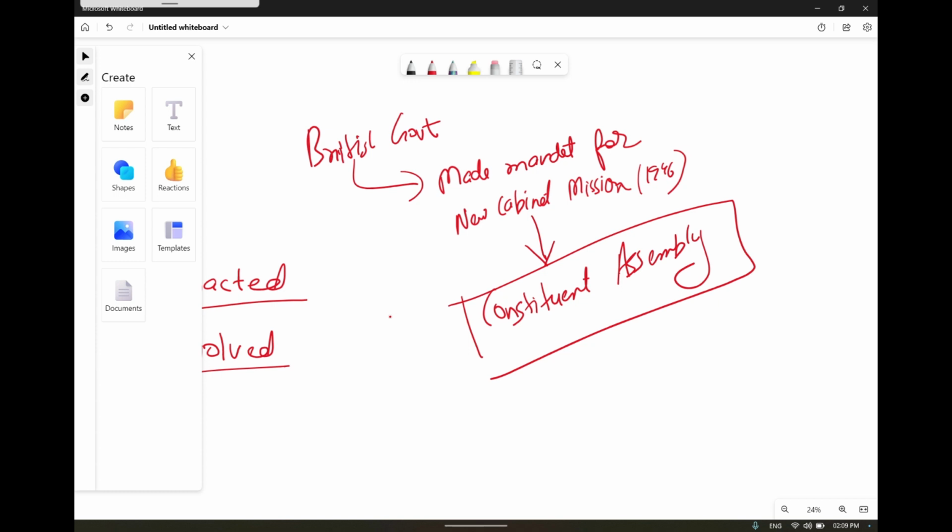It is not like multiple bodies were formed and asked to make laws on separate provisions or sections. No, one single body was given the task. The key point here is that this constituent assembly is the one single body, for enacting and forming the constitution.